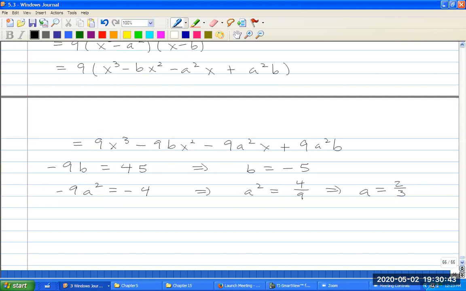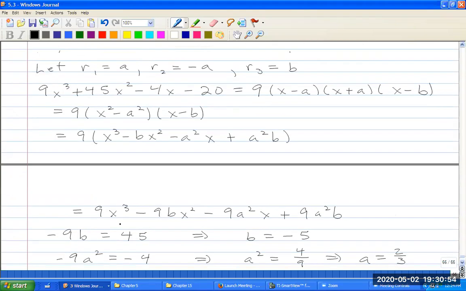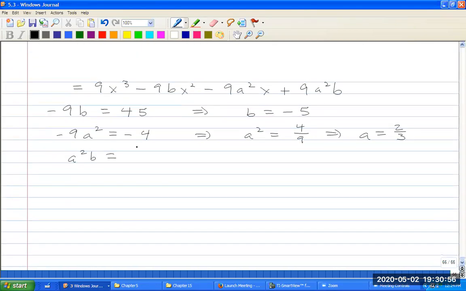And then lastly, I have that 9a squared b is equal to negative 20. Let's see if that works. Well, a squared is 4 over 9 and b is negative 5.